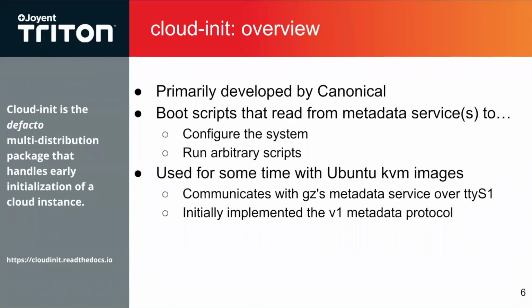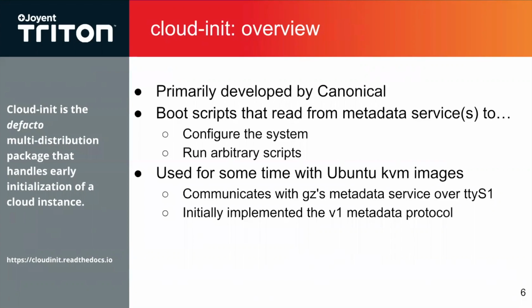It reads from various metadata services, puts that into an abstract form internally, and then sends that abstract data to various distribution-specific backends that can place the configuration into the right place. So DNS configuration on Ubuntu is different than it is on CentOS, and it knows how to do the right thing.